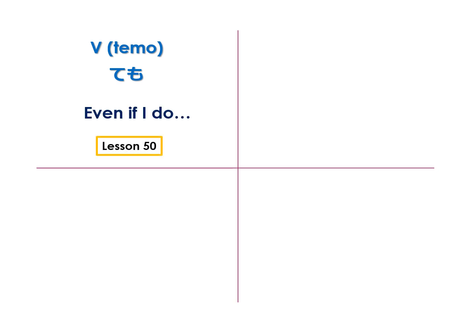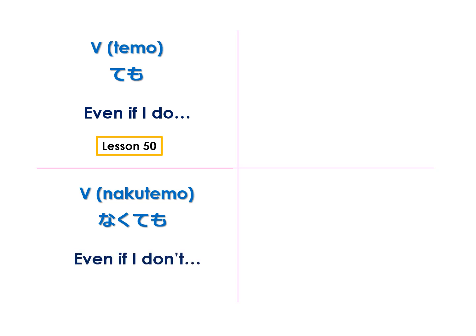Just to put things into perspective, the nakutemo ii conjugation is the last of a set of 4. First we had temo, which means even if I do. We had this in lesson 50. Then we had the negative of temo, which is nakutemo, which means even if I don't, which we studied in lesson 51.